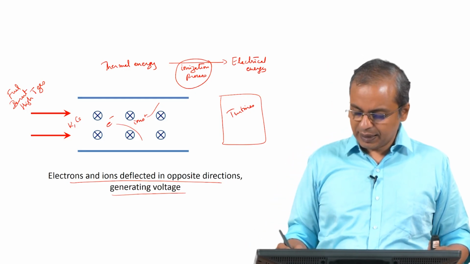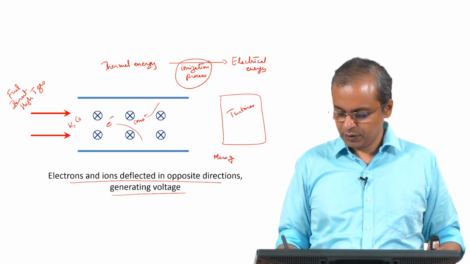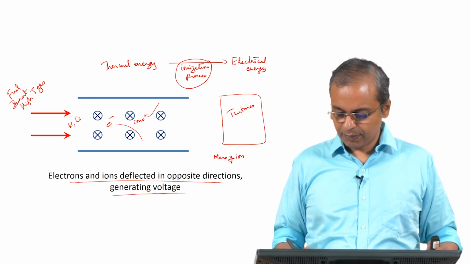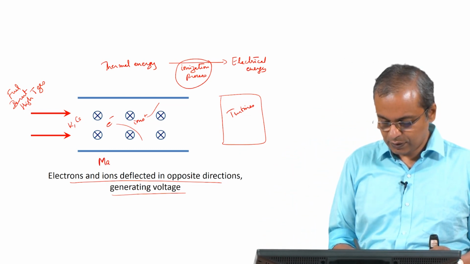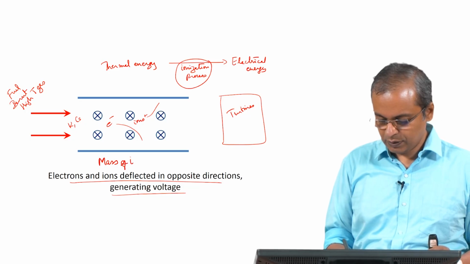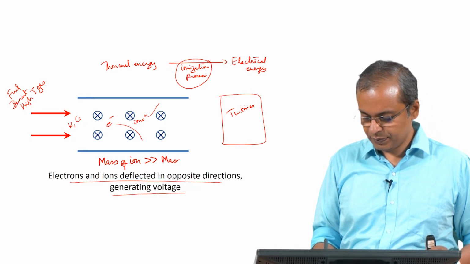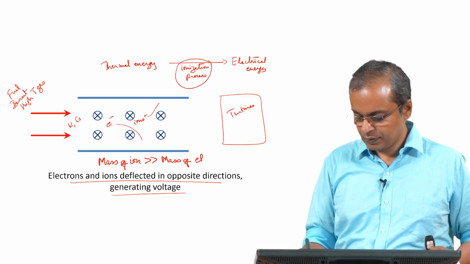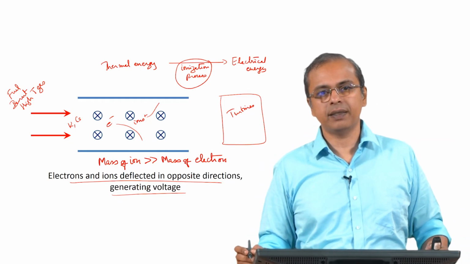So, for example, the mass. Mass of ion is much greater than mass of electron.